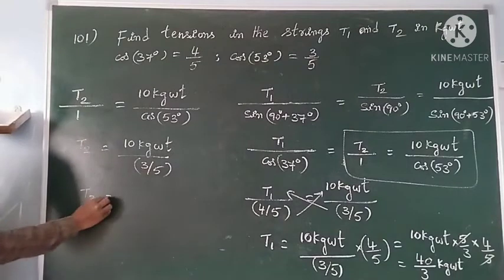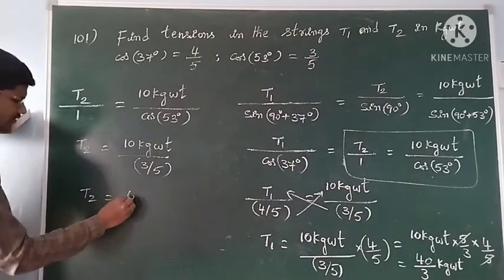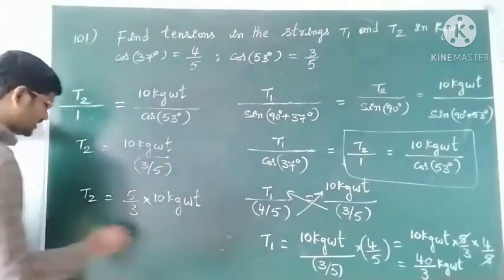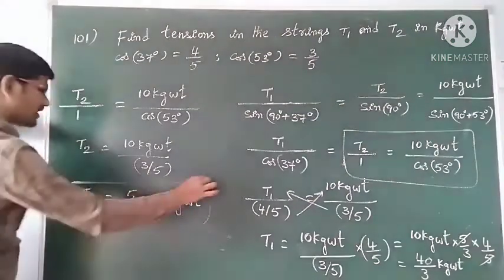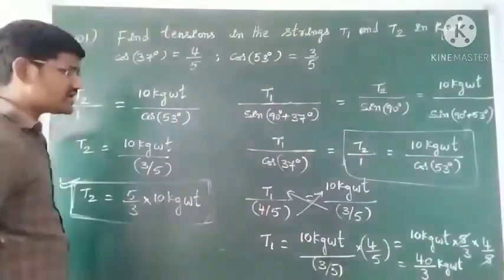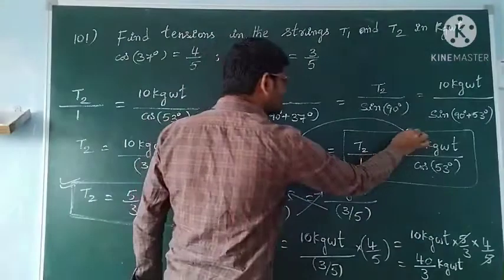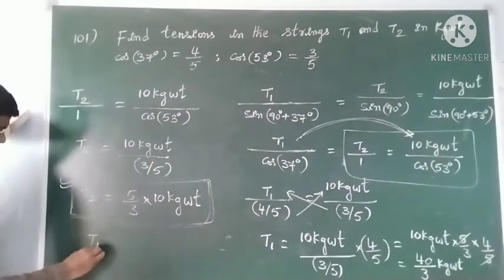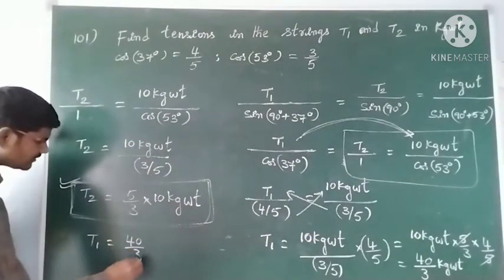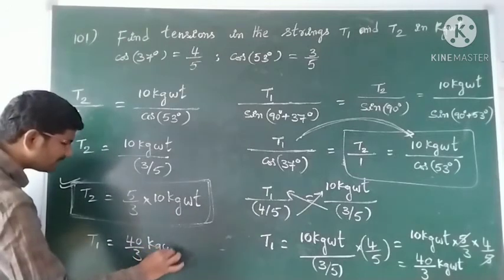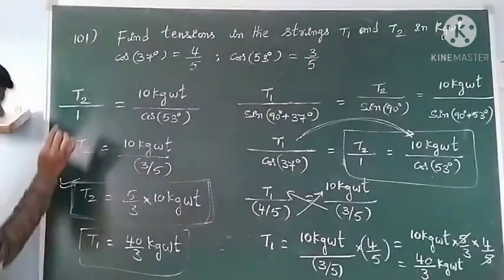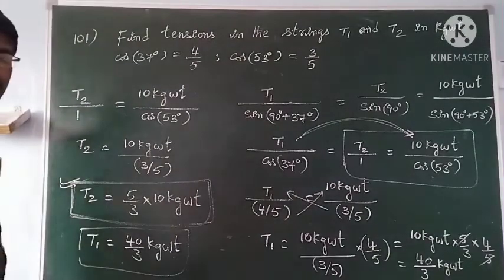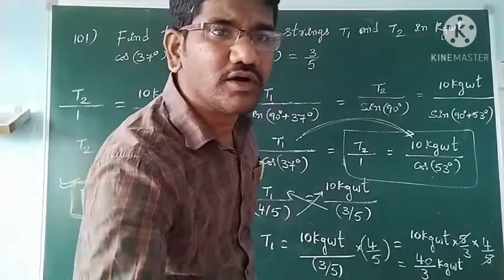Then T2 is equal to 5 by 3 into 10 kilogram weight. This is the T2 answer. And while equating these two, we are getting T1 value as 40 by 3 kilogram weight. This is the given problem.